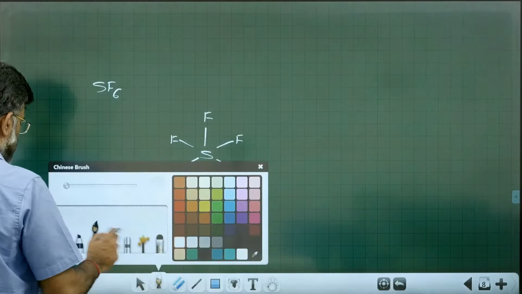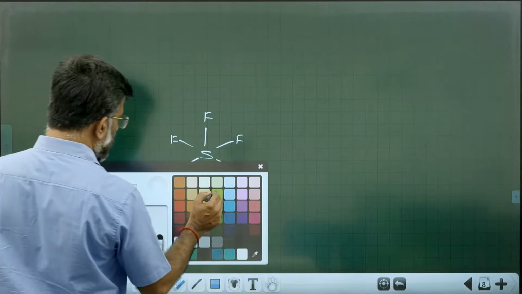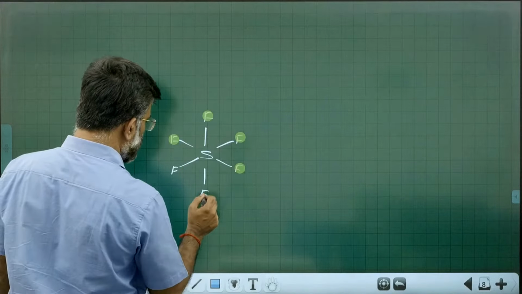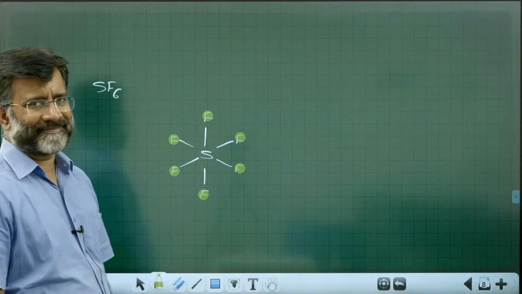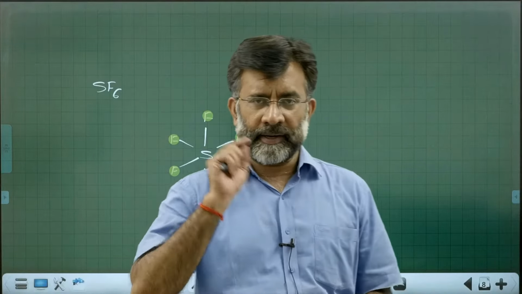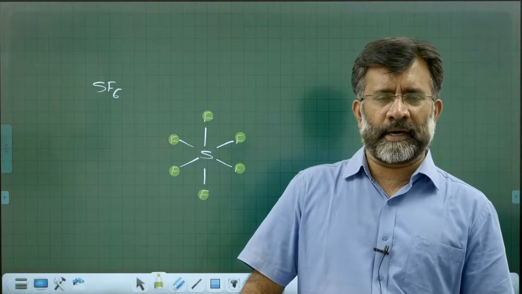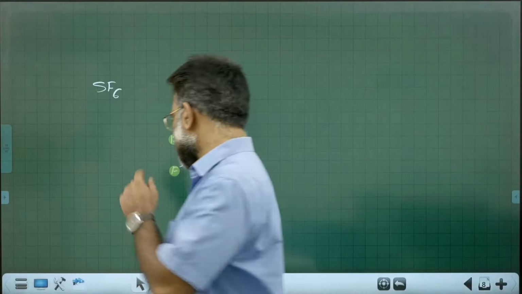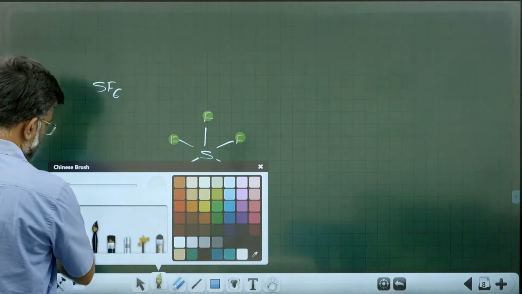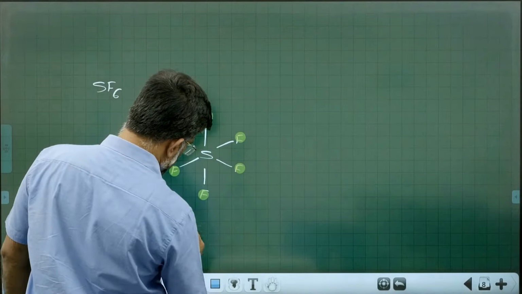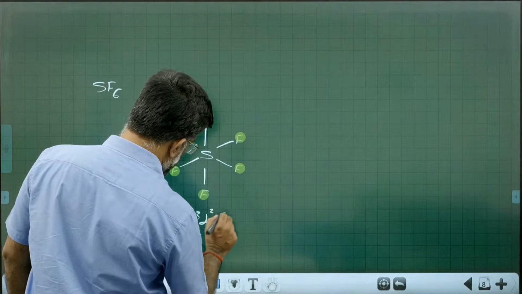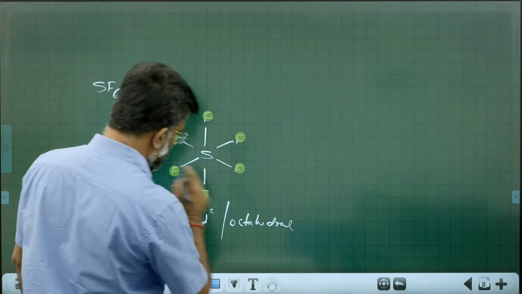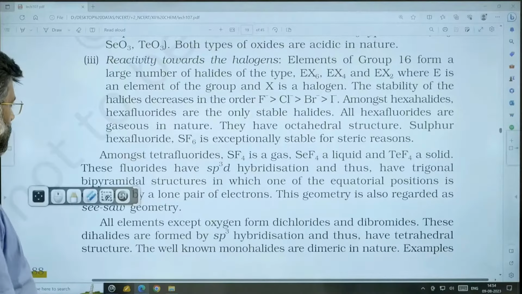Normally steric reasons cause destabilization, but here small fluorine is creating steric protection, and it is sp3d2 hybridized, octahedral in character.